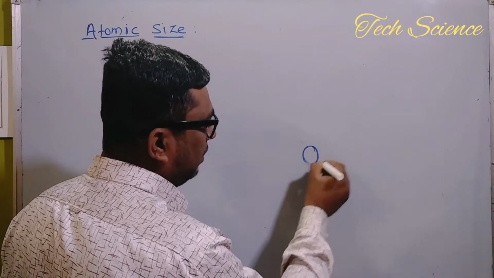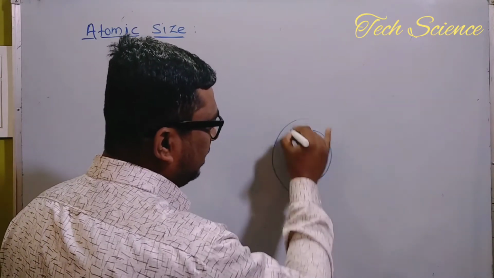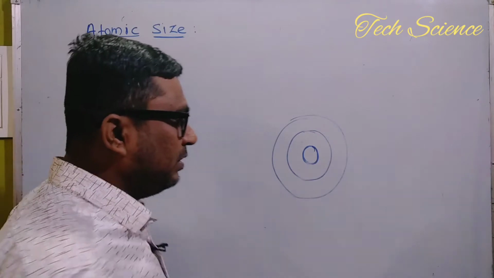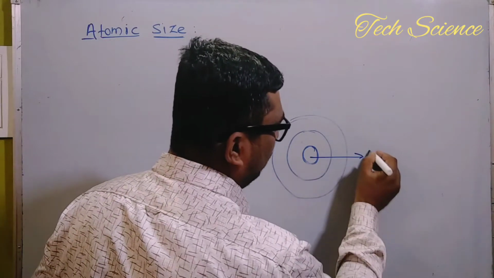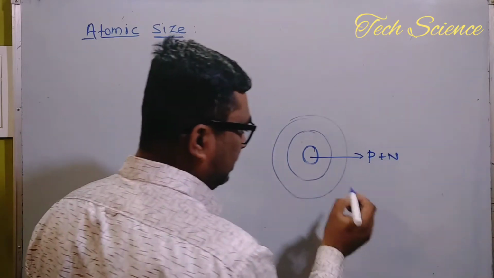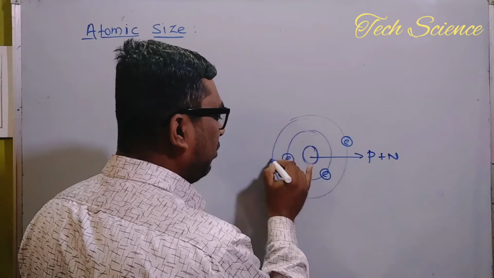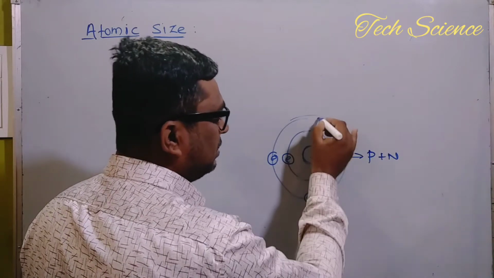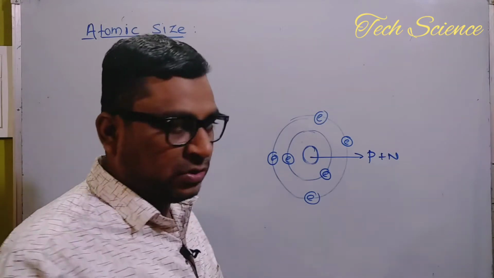First we have the nucleus, and second, we have the different orbits: first orbit, second orbit, third orbit, depending upon the atomic number. Inside the nucleus, protons and neutrons reside, and in the orbits the electrons are revolving. This is a very short description of the structure of an atom.